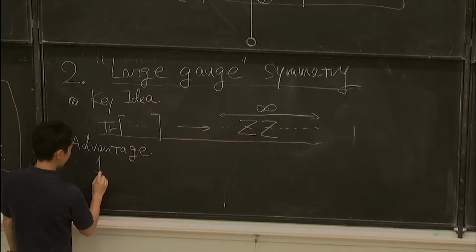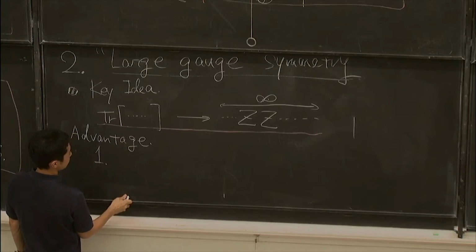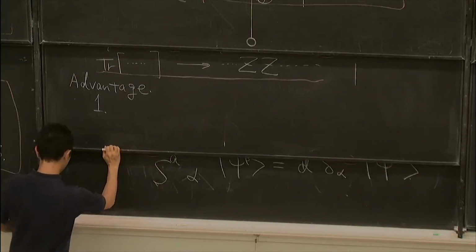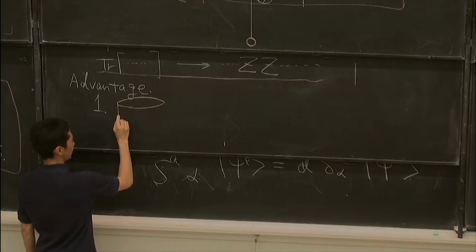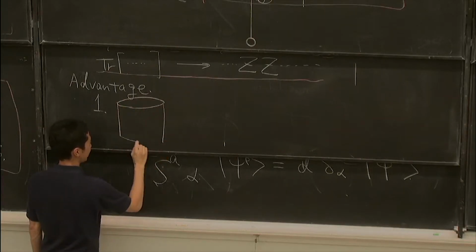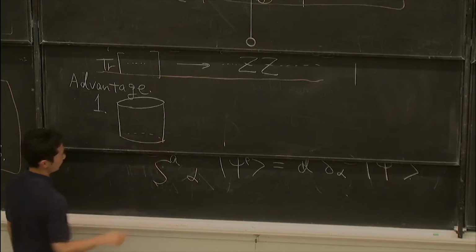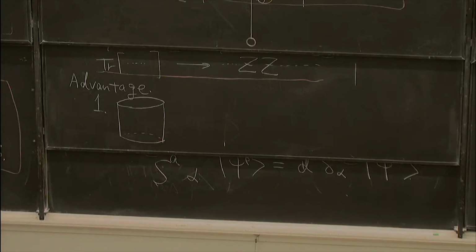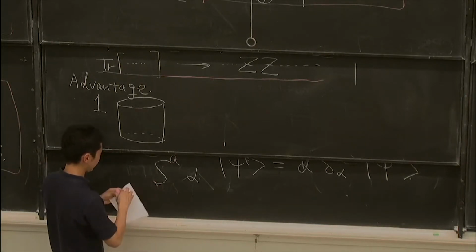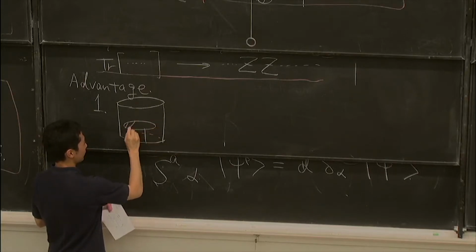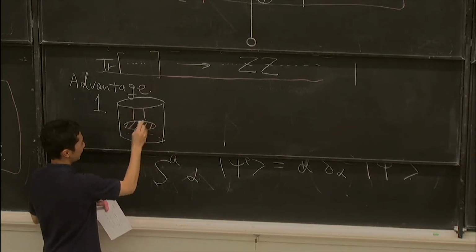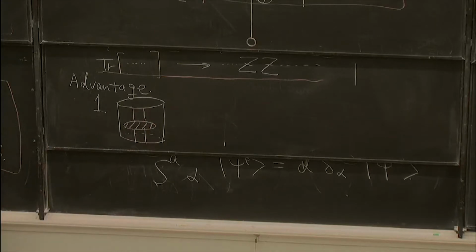So advantage one is more or less obvious. Originally, you had a theory on a cylinder. It was a theory on a periodic spacetime. For example, if you map the problem to the spin chain, you get a periodic finite size spin chain. And on this periodic finite size spin chain, if you go to higher loop, magnons interact in a very complicated way.